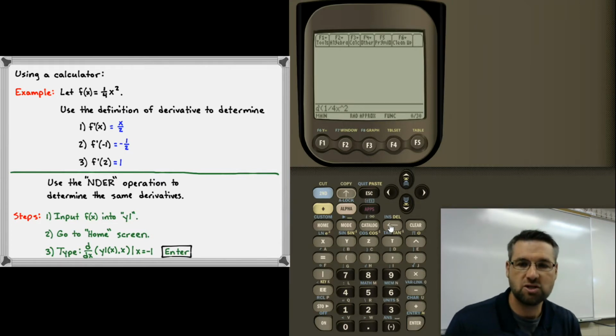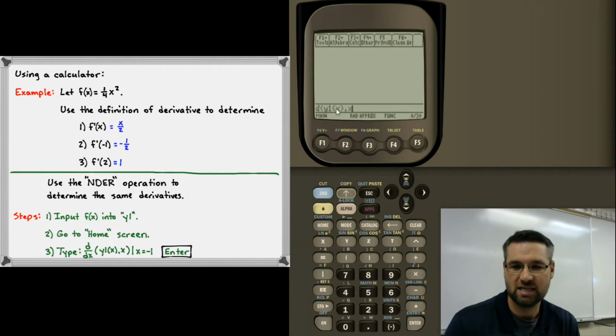But remember, I have it stored in my Y list. So I'm going to go ahead and delete this. And I had it stored in Y1. So I'm going to type in Y1 parentheses x. So by doing this, close parentheses, that brings up the function that's saved in my Y list, okay? It was particularly the Y1. The next thing you're going to type is comma x. So the Y1 says refer to the Y list.